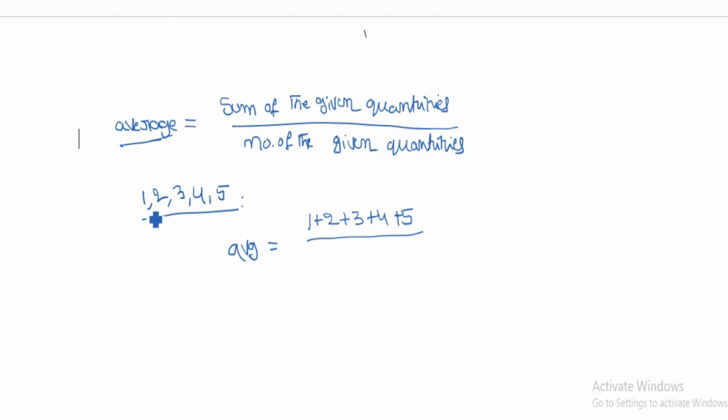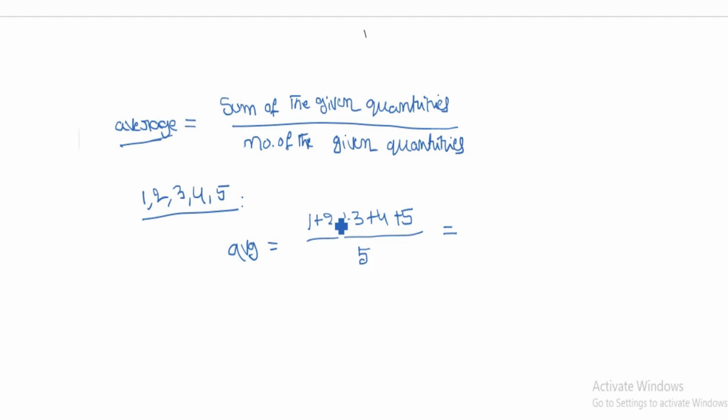Here we have 5 numbers, 1, 2, 3, 4 and 5. These are the 5 quantities here. So we have to take the number 5. Add the numerator.